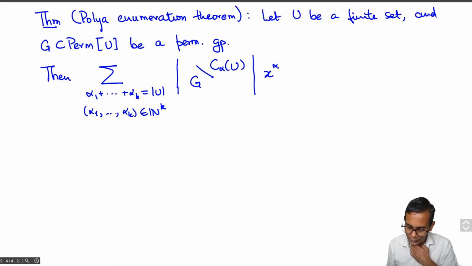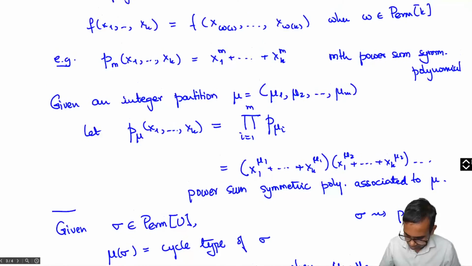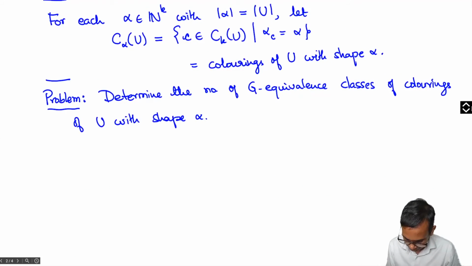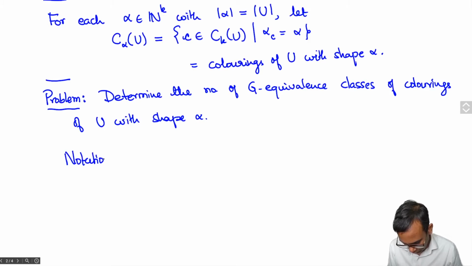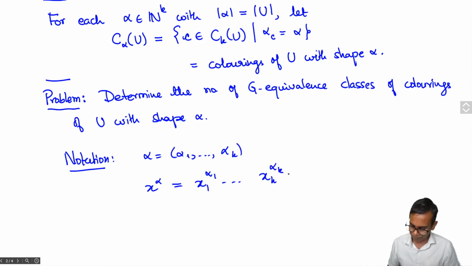Now here maybe I should have introduced this earlier. Given shape alpha, alpha 1 up to alpha k, I will denote by x to the alpha the monomial x1 raised to alpha 1 through xk raised to alpha k.